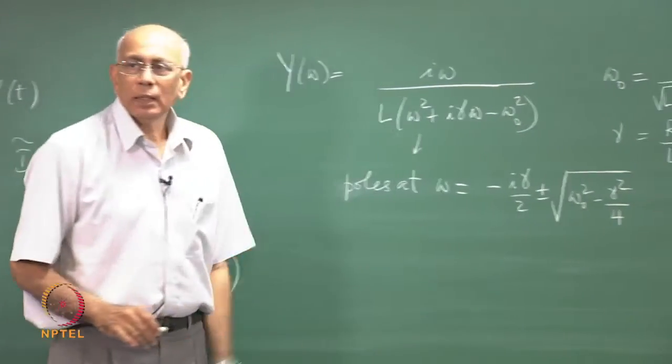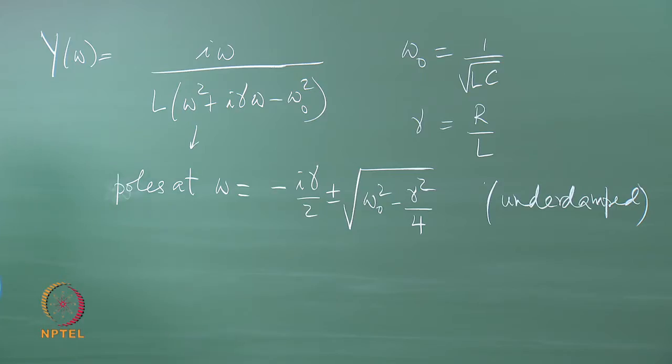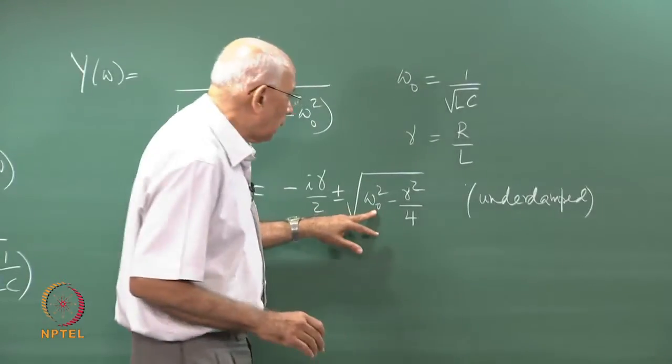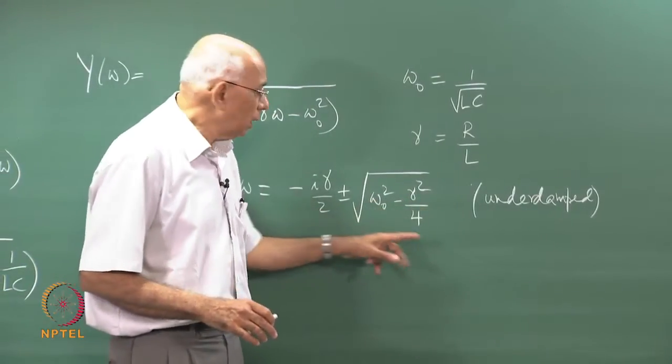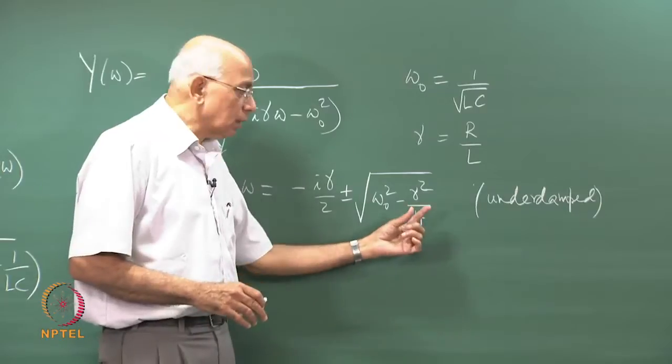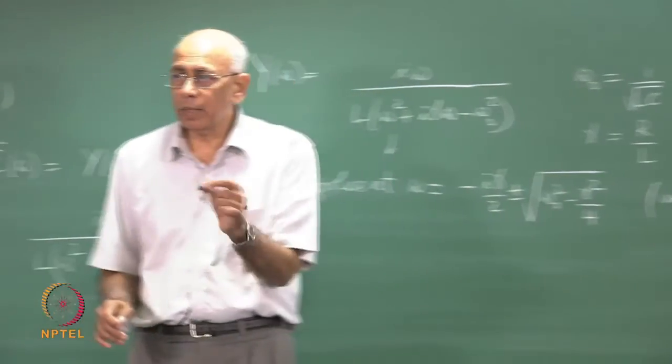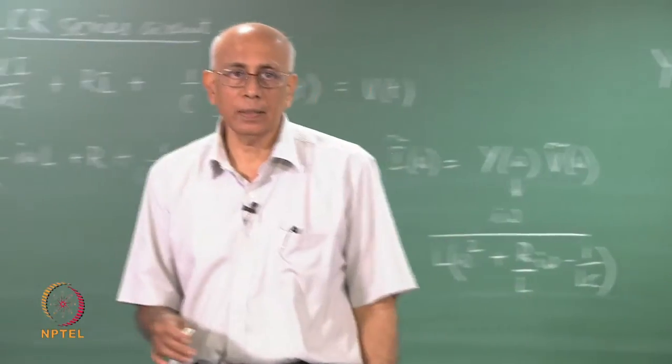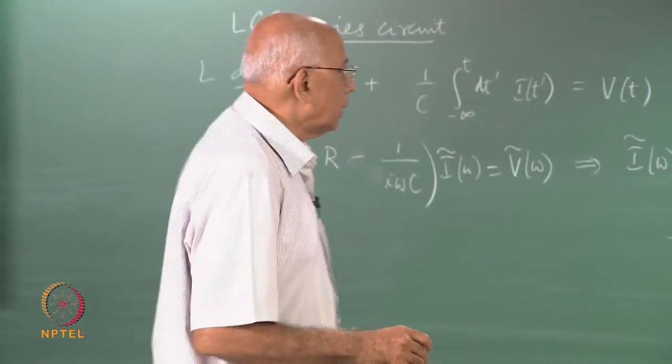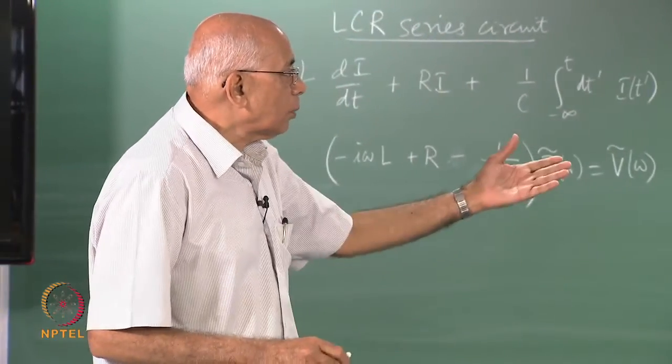As you know, this is the underdamped case when omega naught is bigger than gamma over 2, and the overdamped case will be when the sign is flipped, and the critically damped case is when omega naught is exactly gamma over 2. Okay. Now, where are these poles located?